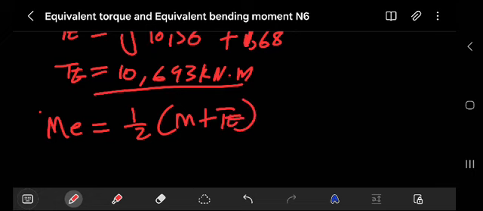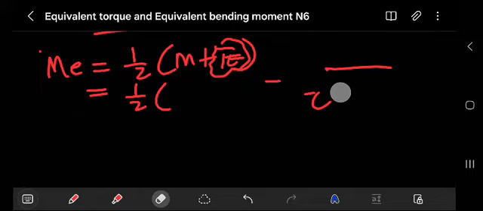All right, so we have 1/2 TE. Take note, TE, we know we have calculated TE. We've calculated there on the top what TE is.